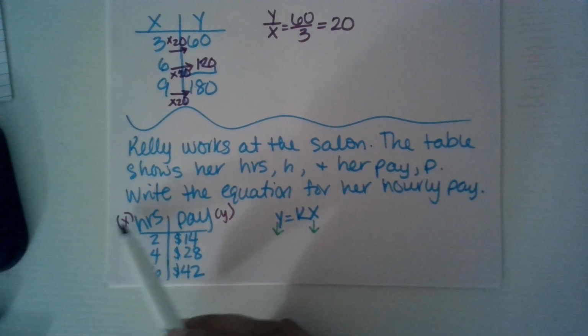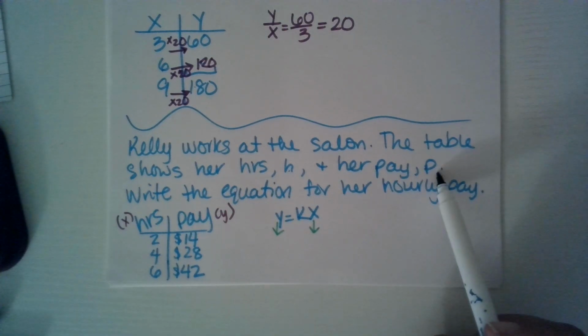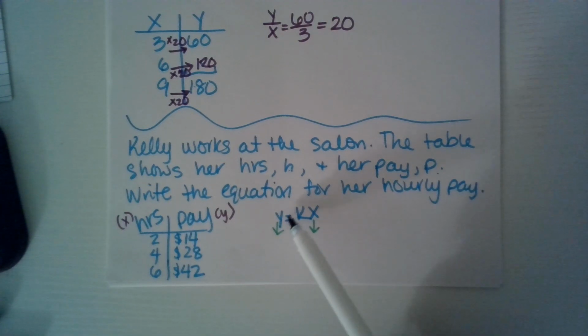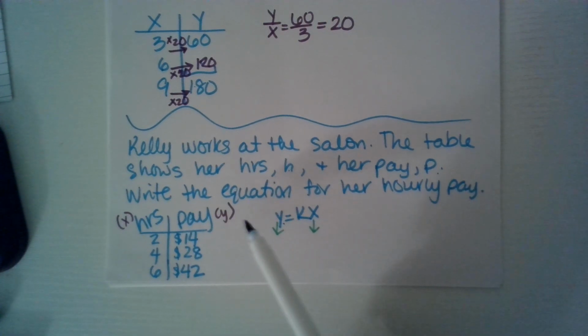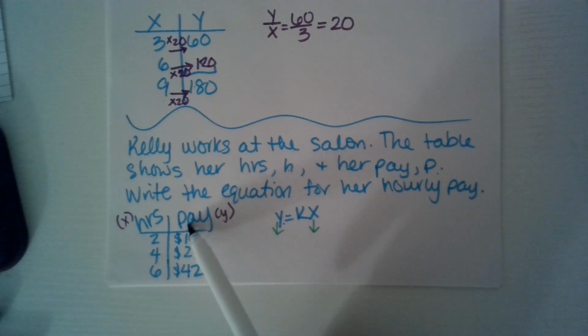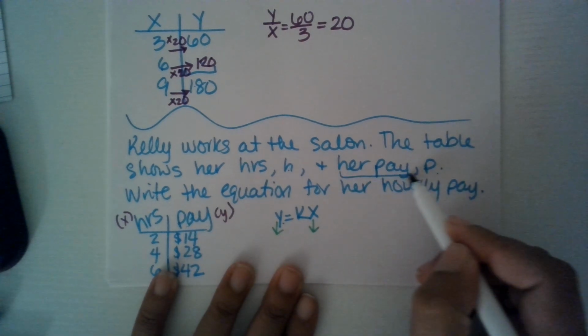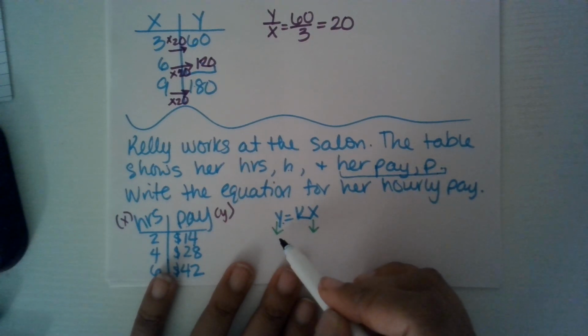So you can always use X and Y at first, but eventually change it to H and P. Meaning, Y is usually by itself in the equation. So now let's look at what Y is represented by. It is represented by your pay. Her pay is represented by a different letter though. So you need to use P instead of Y.